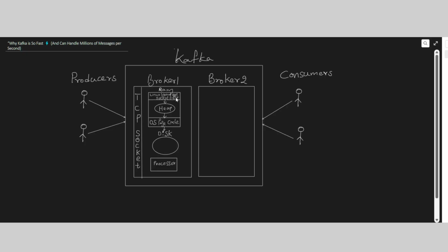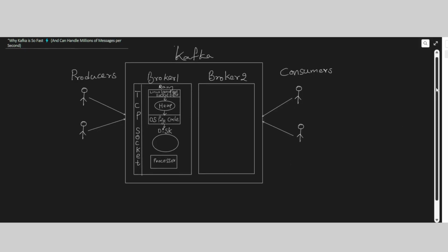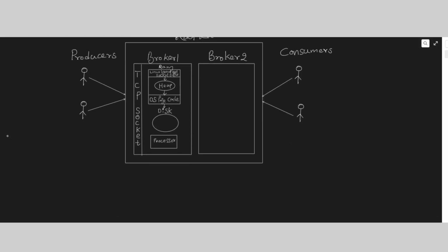This is step 1, and then it will be moved to the heap memory, and then while moving into the disk it will first be moved to the OS page cache, and then it will be flushed to the disk. So these are all the steps involved while a message is written by a producer into Kafka. I will write it down.